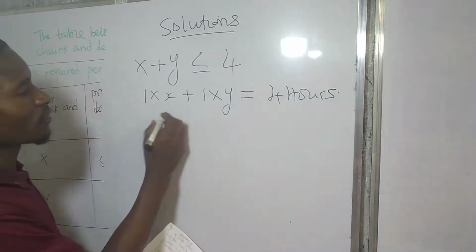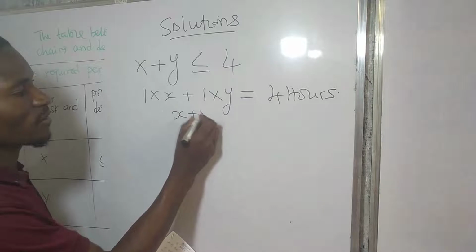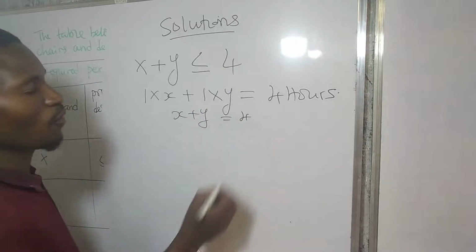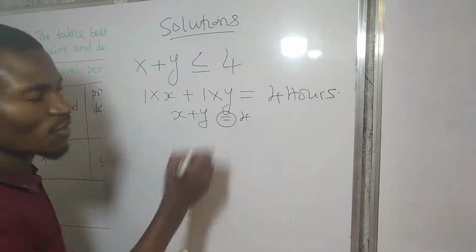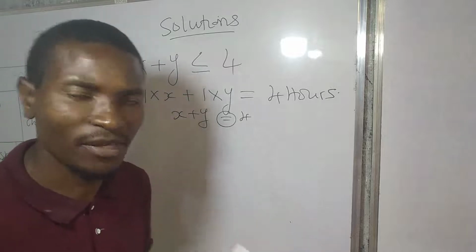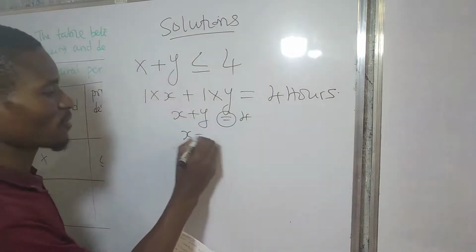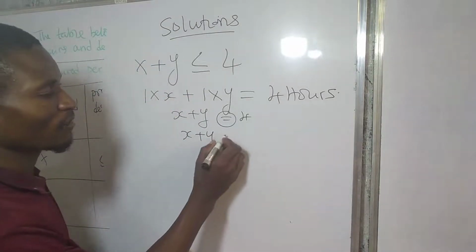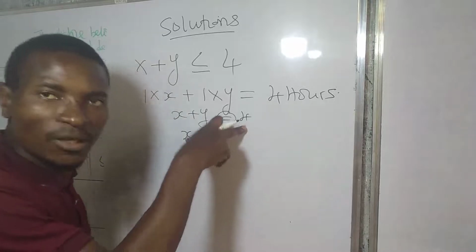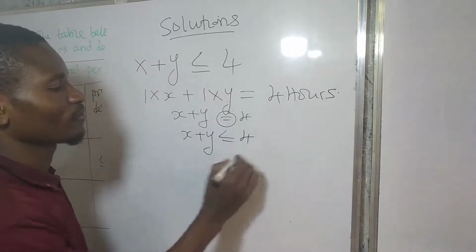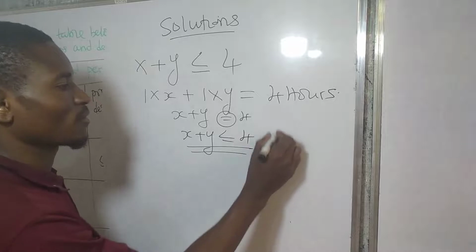So this equals x plus y equals 4, and this symbol should be changed to a mathematical inequality: x plus y should always be less than or equal to 4. This is number 1.